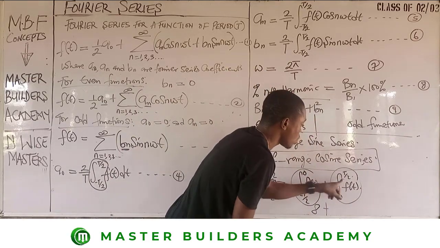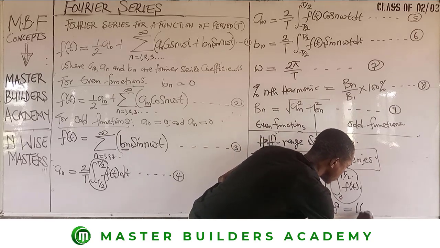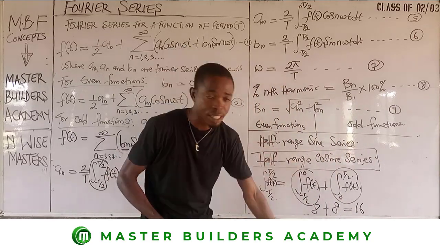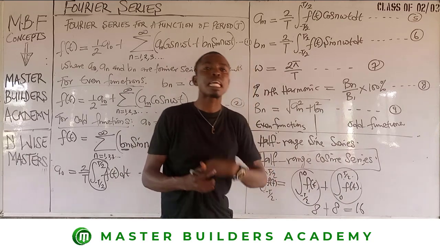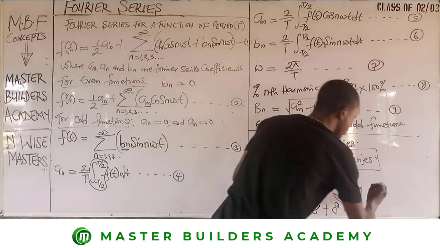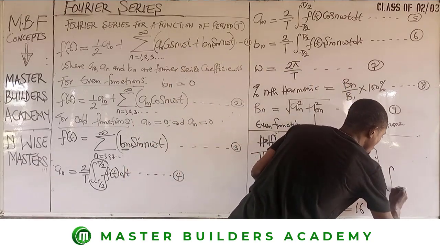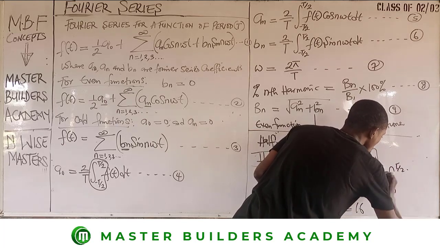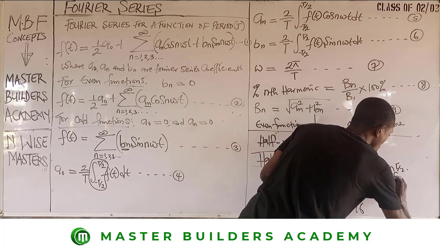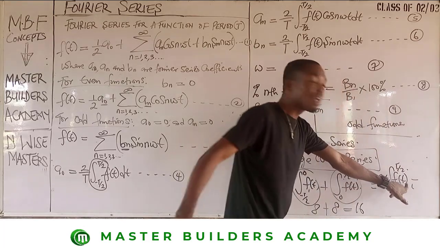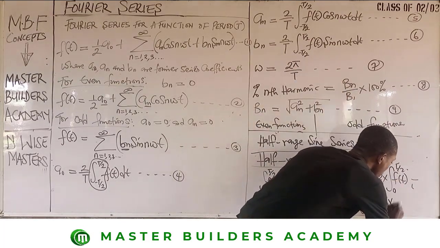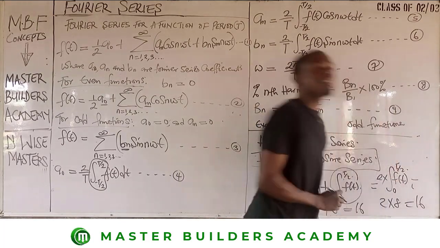Then plus I solve for this, I equally have 8. This is 16. So instead of solving for this and equally solving for this, which will take me a very long time, I can simply say let this be what? Integral of 0 to T over 2, 2 times whatever I have there before, f of t. So if this guy will give me 8, then 2 multiplied by 8 will give me 16.